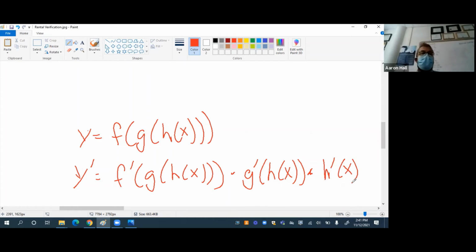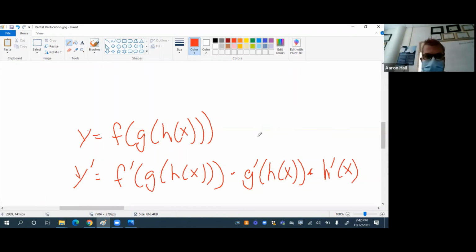So we take the derivative of the outside function times the derivative of the inside function times the derivative of the innermost function. How many times could you do this? Yeah, and that's why we call it the chain rule, because we could just keep on doing this. It's sort of cool that it works out.